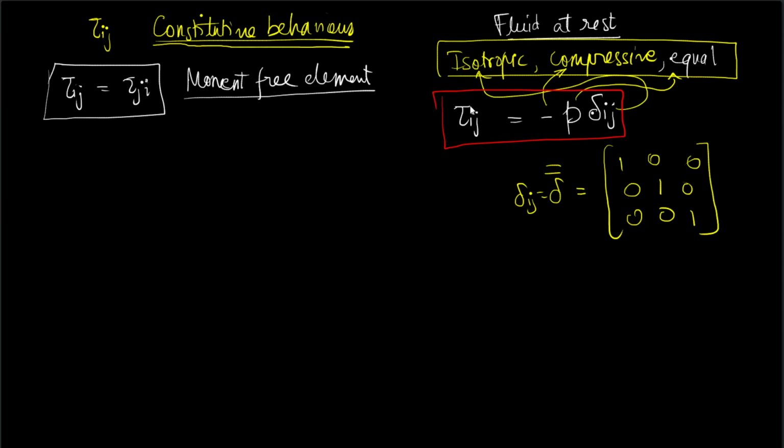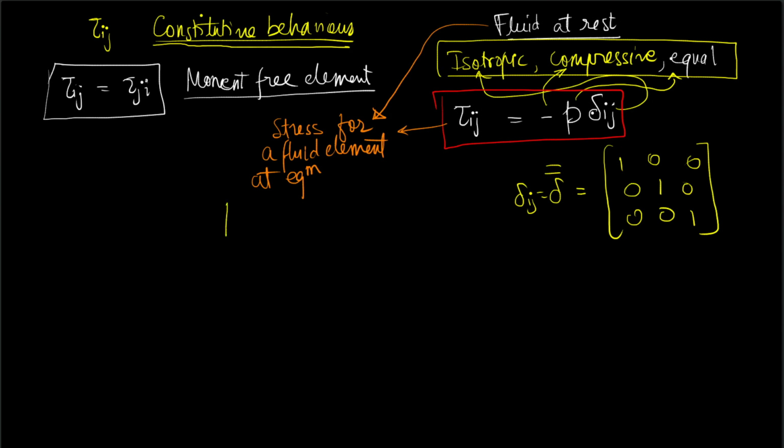So when tau ij is written as this, it means that we are writing down the stress for a fluid element in equilibrium, for something which is at rest, which means that P is also equivalent to the thermodynamic pressure.